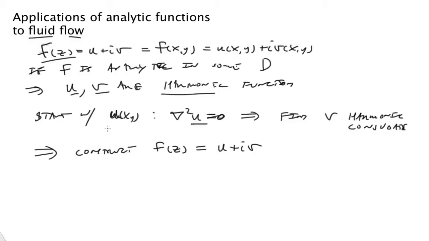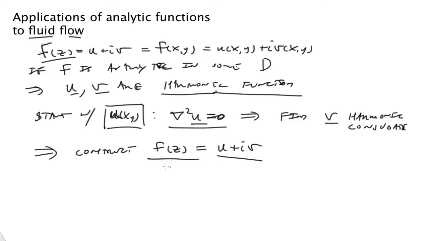Start with u. If we have some u that solves an interesting real-world problem involving Laplace's equation, then from u we can find v, and put them together and compose them in that fashion, and we have an f of z. So that's the other way we can think about analytic functions, as containing the information that starts with the Laplace equation solution.